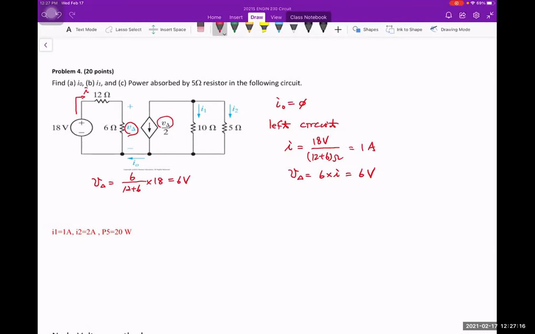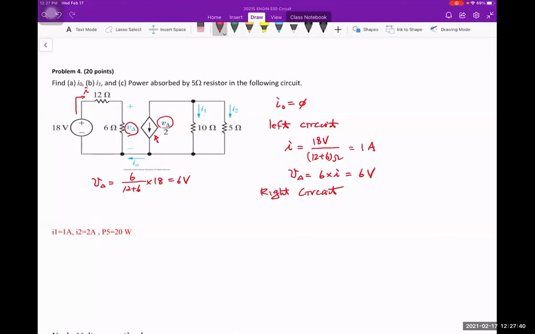And then we look at the right-hand side, the right circuit. Our goal is to find current 1 and current 2. So how do we find current 1 and current 2? Well, what kind of dependent source is this? Is this a current source or a voltage source?